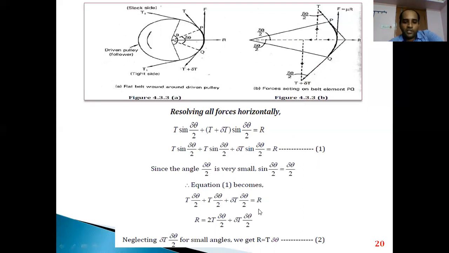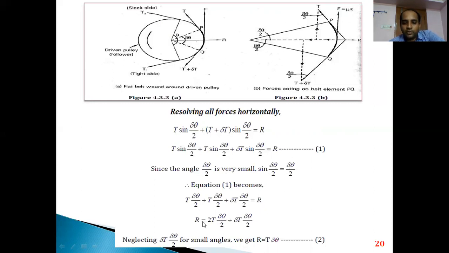So on simplification, what does the equation become? R is equal to, adding them up, 2T delta theta by 2 plus delta T into delta theta by 2. As I was discussing, delta theta by 2 is small, so we write sine delta theta by 2 as delta theta by 2.